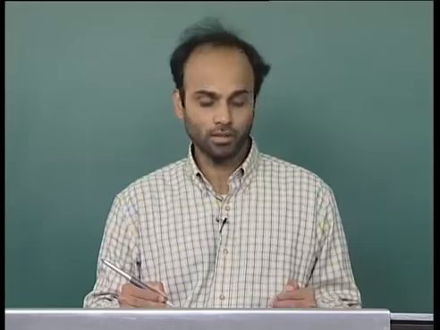Let me start with a brief recap of what we did in the previous lecture. In the previous lecture, we completed our analysis of wireless channel characterization, and we began comparing the performance of a wireless communication system with that of a wireline or wired communication system.